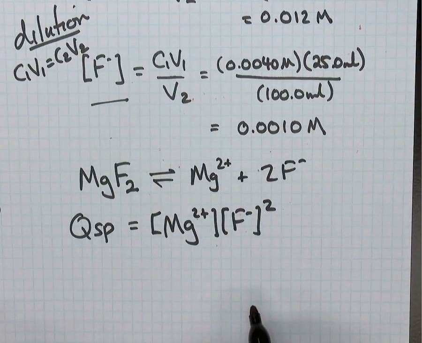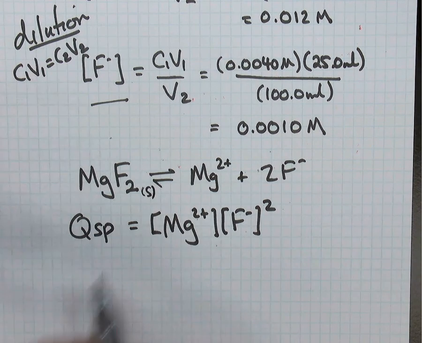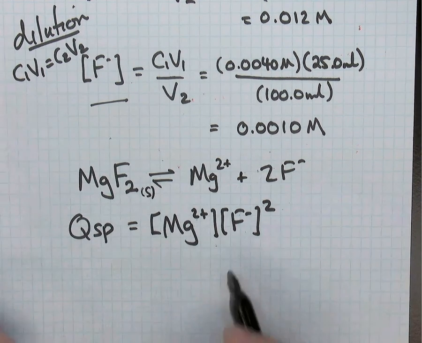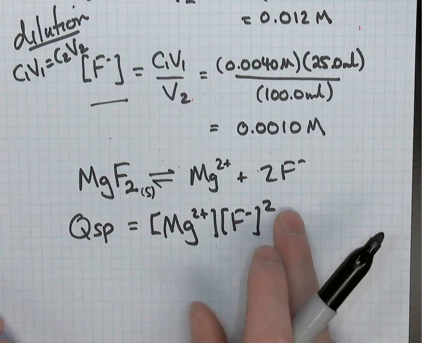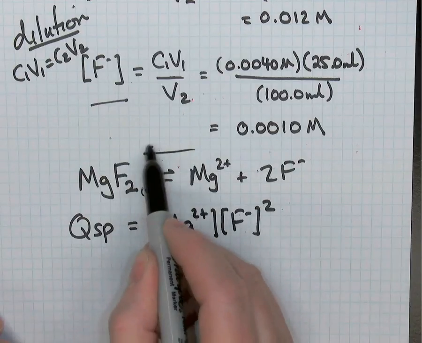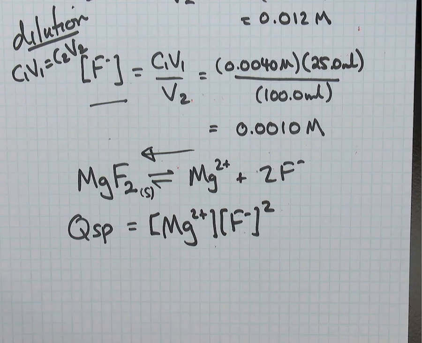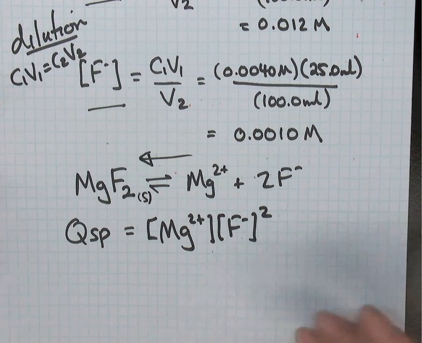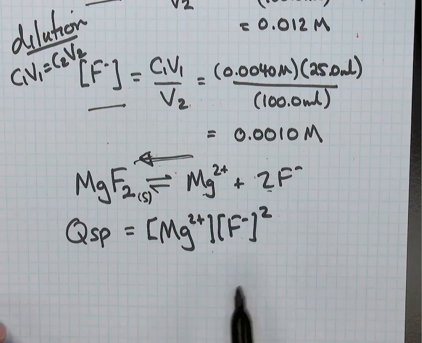And we remember from our equilibrium unit that if the value of the reaction quotient, Q, or in this case QSP, is bigger than the equilibrium constant for the reaction, so if Q is bigger than K, we know that the reaction shifts backwards. That's because the equilibrium is trying to reduce the value of Q. It's too big, and to do that, it's going to shift backwards to lower the concentrations of those ions.